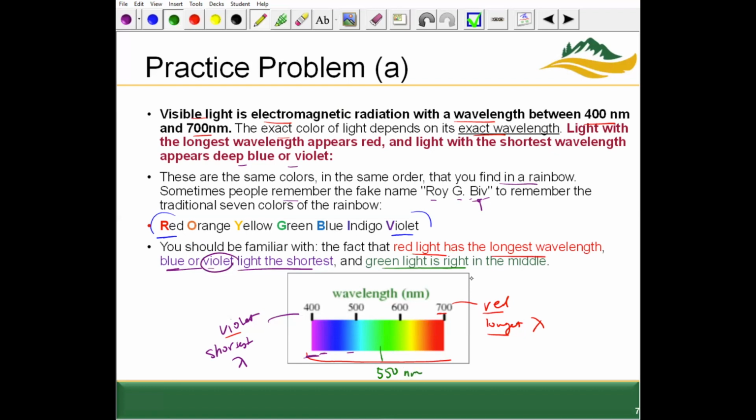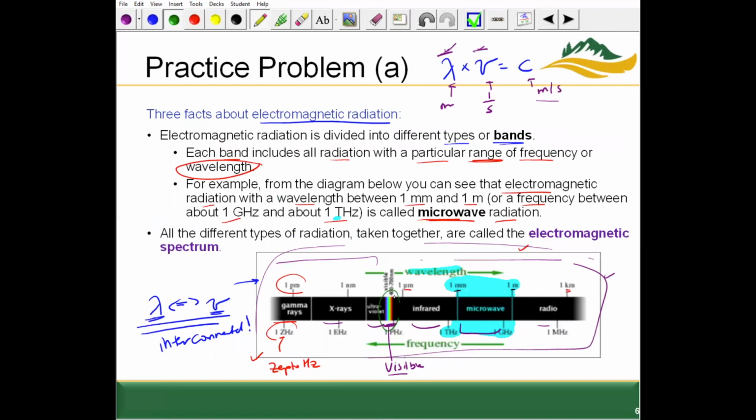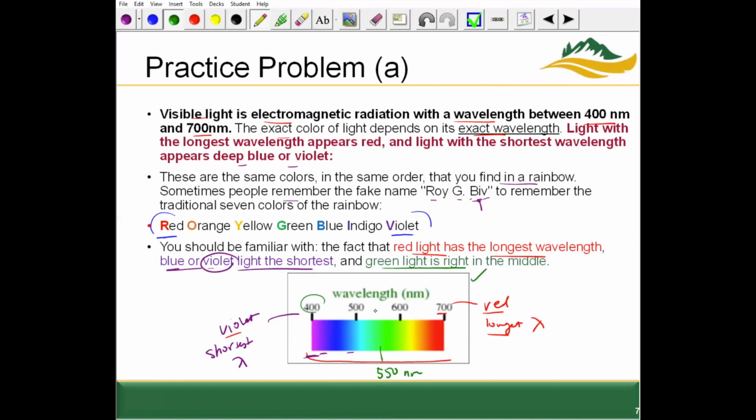Again, this is zoomed in very specifically from this whole range of electromagnetic radiation. We can only see this small range of wavelengths between 400 and 700. There are things like UV goggles you can put on to see other types of radiation. So this is all we can see with the naked eye.